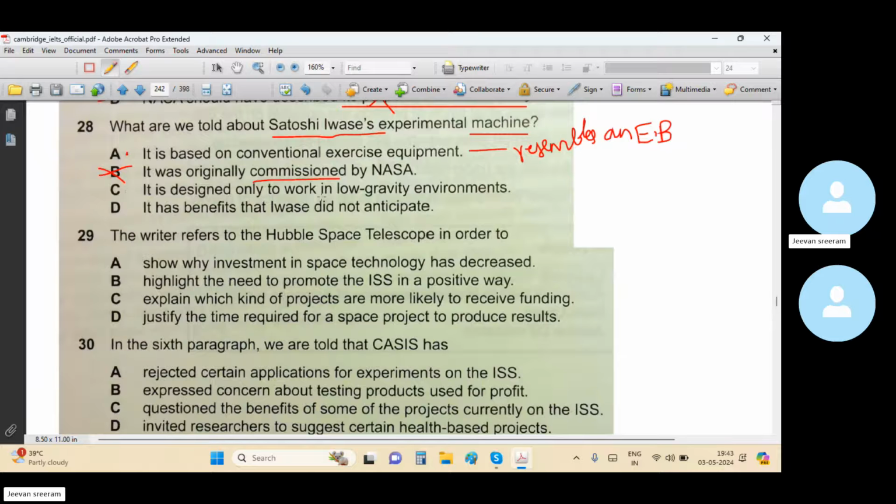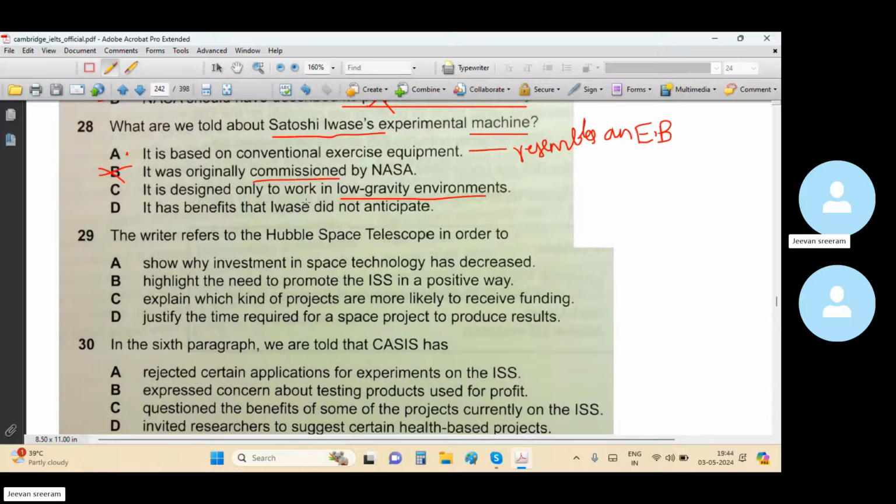C, it is designed only to work in low gravity environments. Although the machine is used in a low gravity environment, as indicated by its use of creating artificial gravity, the passage does not state that it can only work in low gravity environments. It resembles common exercise equipment, so it can work even on Earth, right?